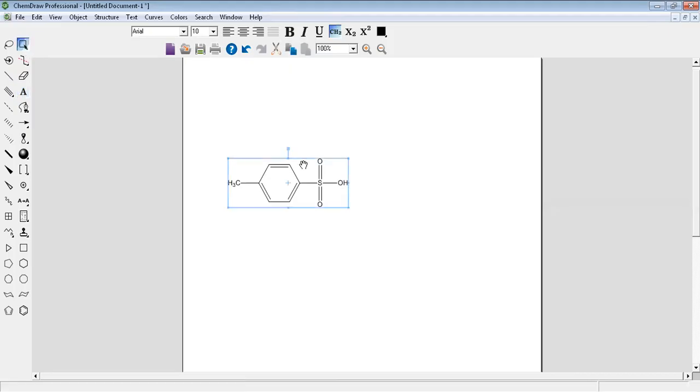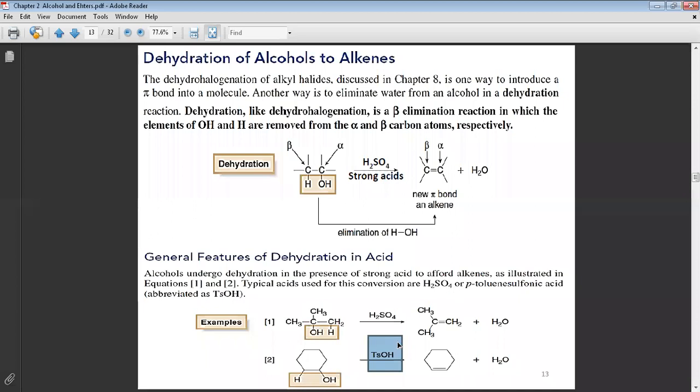This is a strong acid. The proton, the hydrogen, is so acidic. Para-toluene sulfonic acid, abbreviated TsOH.